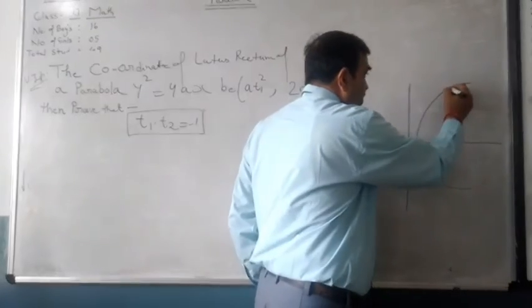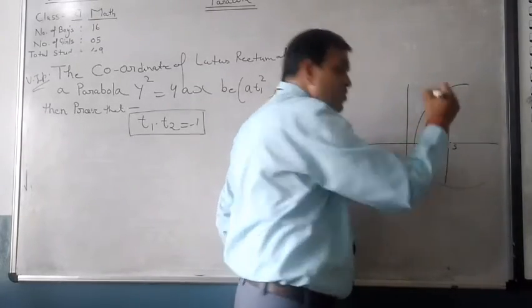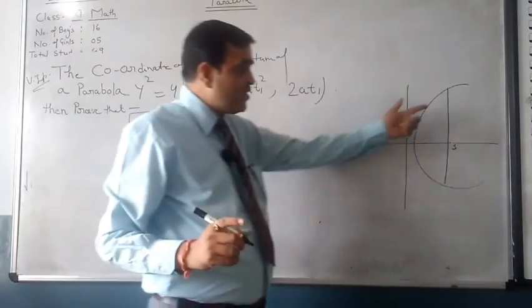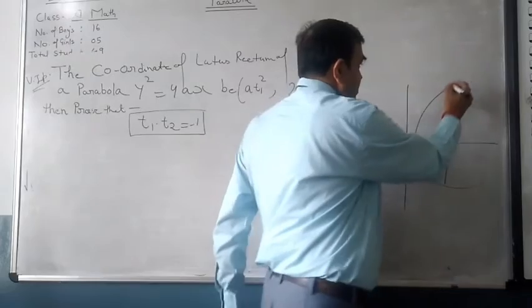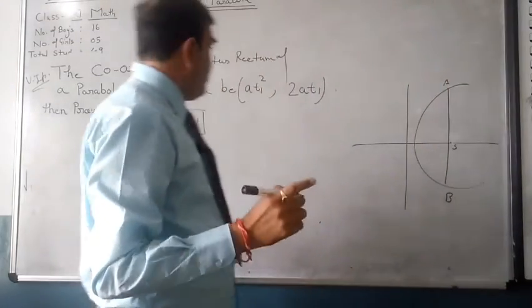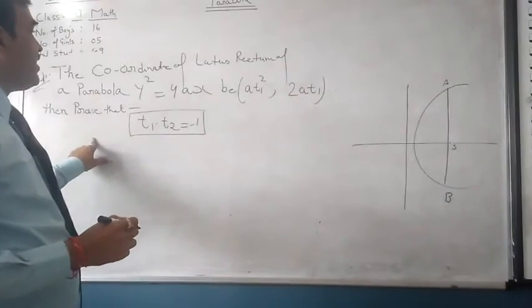A line passing through the focus is known as the latus rectum. So the latus rectum of this parabola, suppose, is AB.